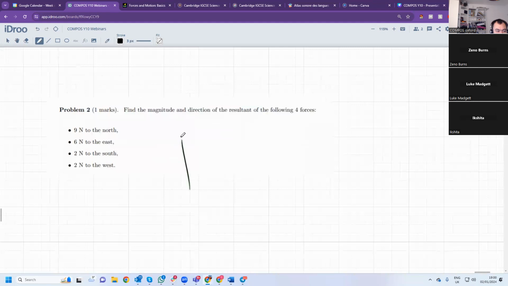So you have 9 to the north, 6 to the east, 2 to the south, and 2 to the west. And then you need to find the magnitude using Pythagoras, and the direction using trig. Okay.